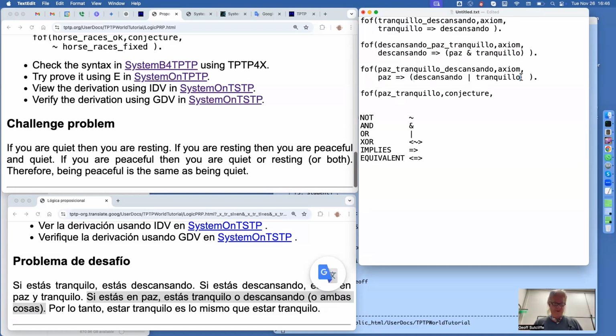So we must have that bracket like that. Okay? All right. And then we want to prove, therefore, the conjecture is peaceful is the same as being quiet. And I know you guys have it.